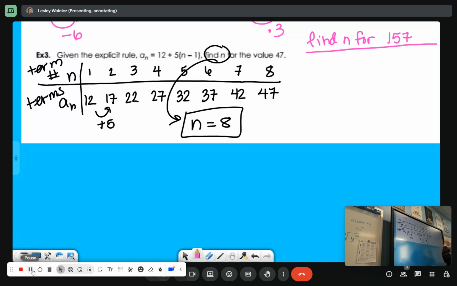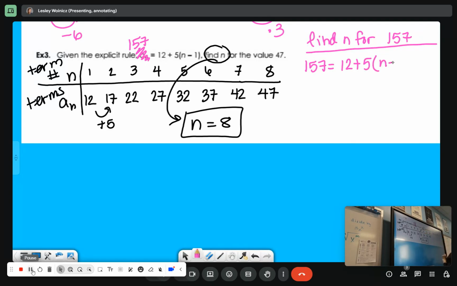So we're going to treat this like a function rule. 157 is our output. We are going to replace a sub n with 157. Does this look familiar, like what we did with Mr. Woinitz's cookies? Okay, so I've got 157 equals 12 plus 5 times n minus 1.